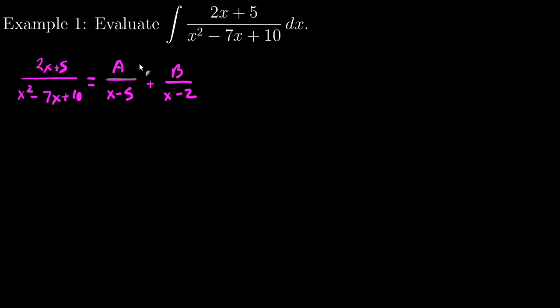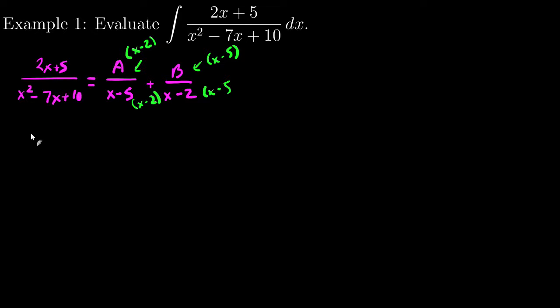And what I'll do is to this fraction, I'll multiply the numerator and the denominator by x minus 2. And to this fraction, I'll multiply the numerator and denominator by x minus 5 because that would give me a common denominator. That common denominator would actually be x squared minus 7x plus 10.